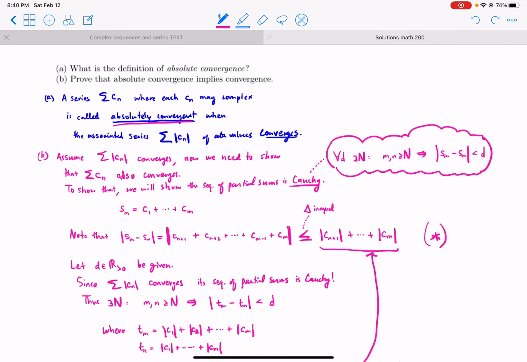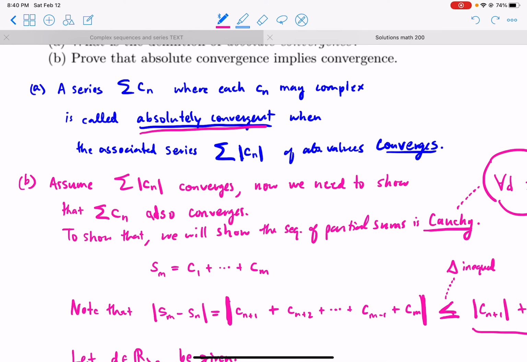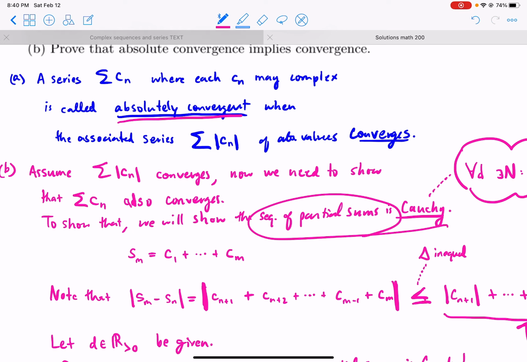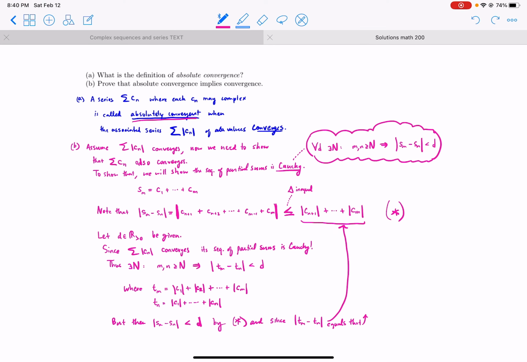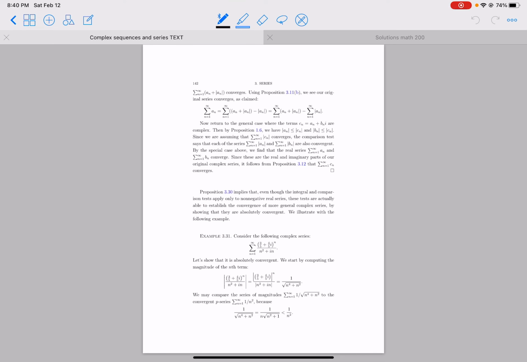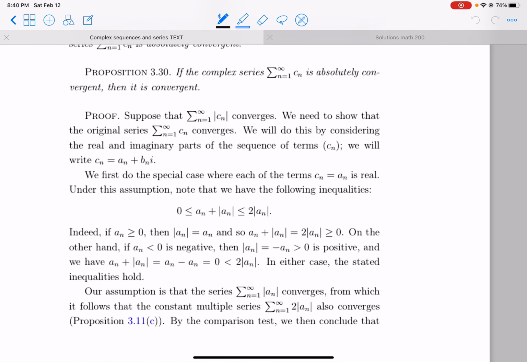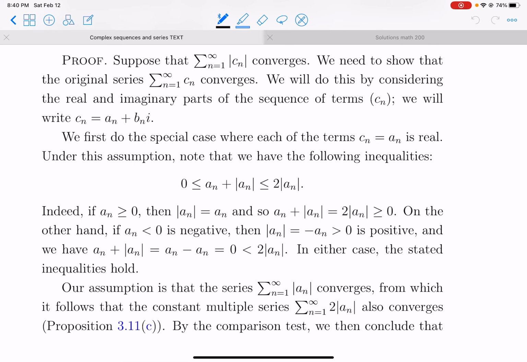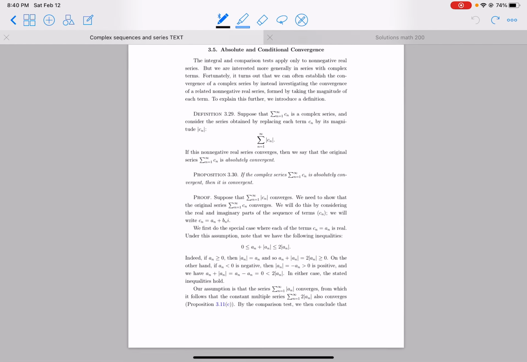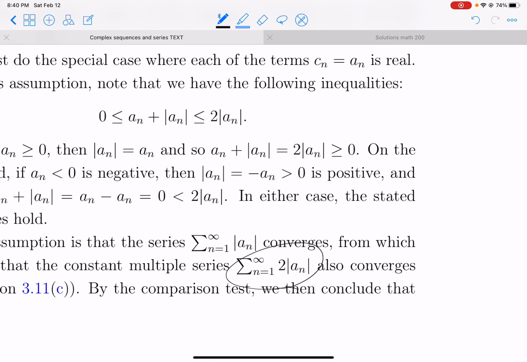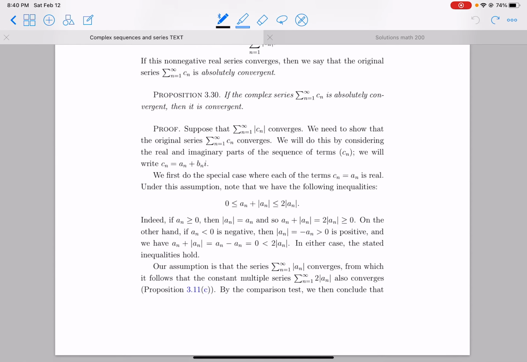So to me, if somebody wants me to prove that a certain sequence is convergent, proving it's Cauchy is intuitive. Now, our book proves it a different way, with tricks like a special case where it's real, and then you get this inequality, which is totally like, why are we doing this? You can read our book's proof.